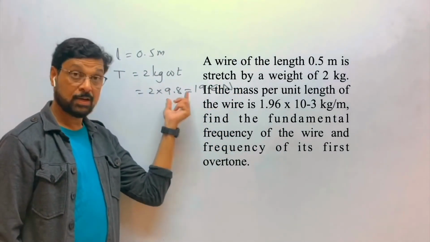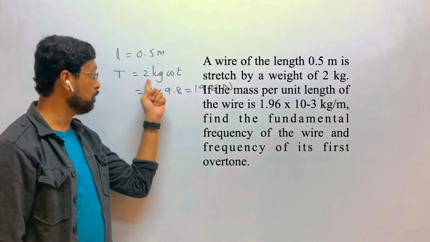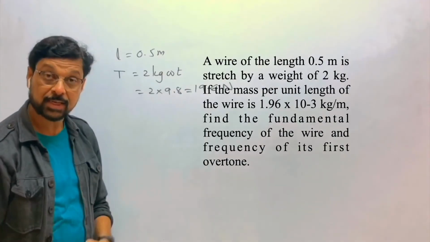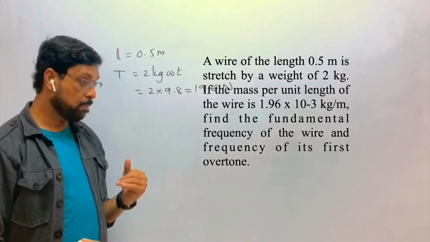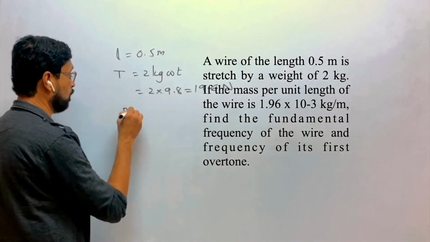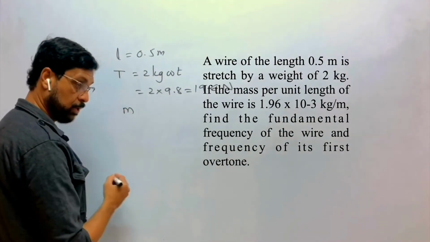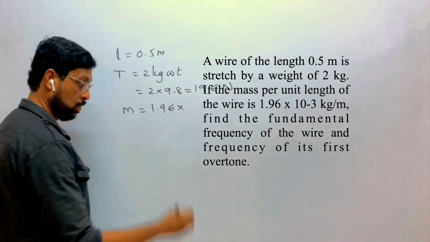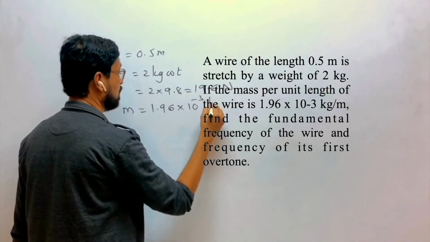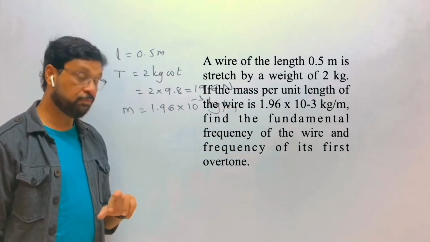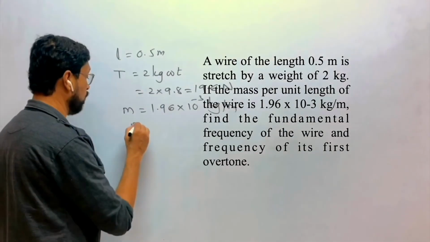Its mass per unit length of the wire, small m, is given to be 1.96 into 10 raised to minus 3 kg per meter. Find the fundamental frequency of the wire.